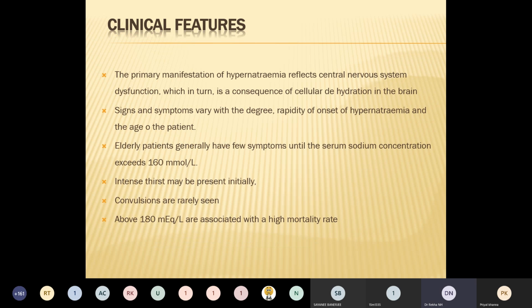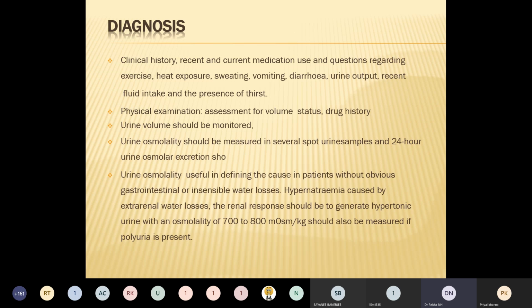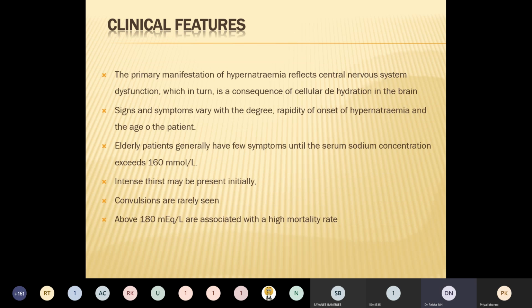So the clinical features of hypernatremia are more or less like CNS involvement, as in hyponatremia. The patient can have altered sensorium, headache, nausea, vomiting. Again, the degree and rapidity of onset of hypernatremia and the age of the patient are important.